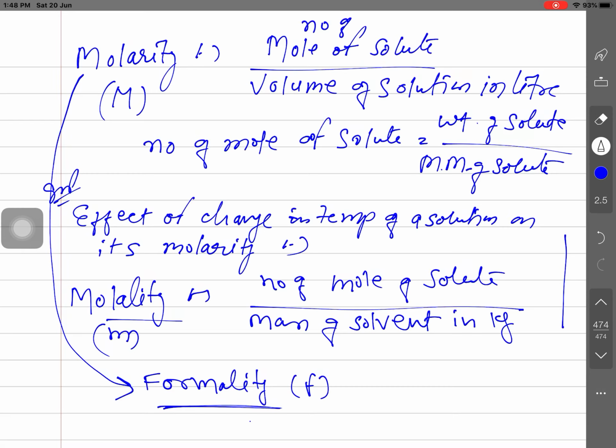Write down: the formality of a solution is the number of gram formula masses dissolved per liter of solution.